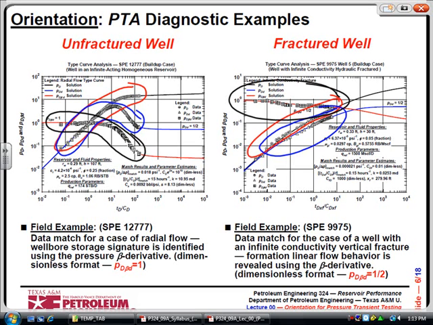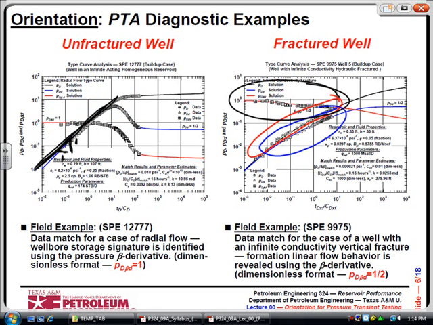In this case, this is a contrived function. We called this the beta derivative function. We created this so that we could uniquely identify a flow regime. In this case, our nemesis is something called wellbore storage. Wellbore storage is a unit slope. It's 1 to 1.